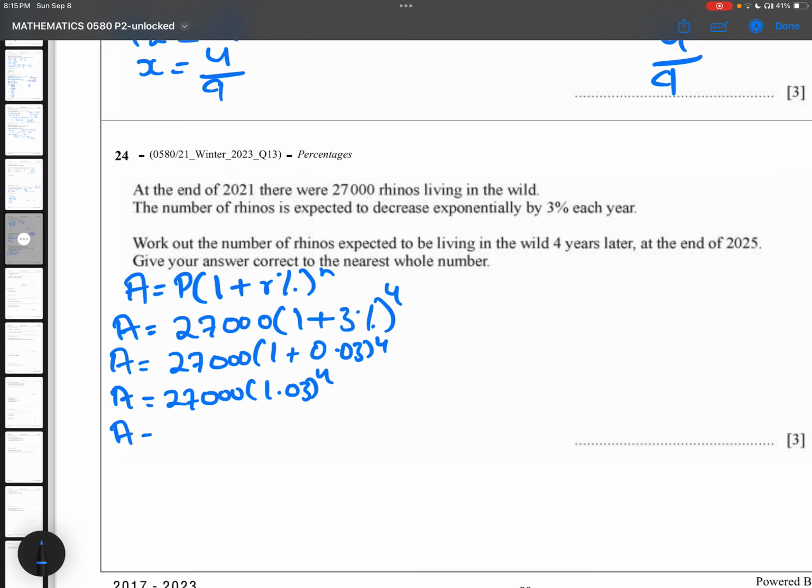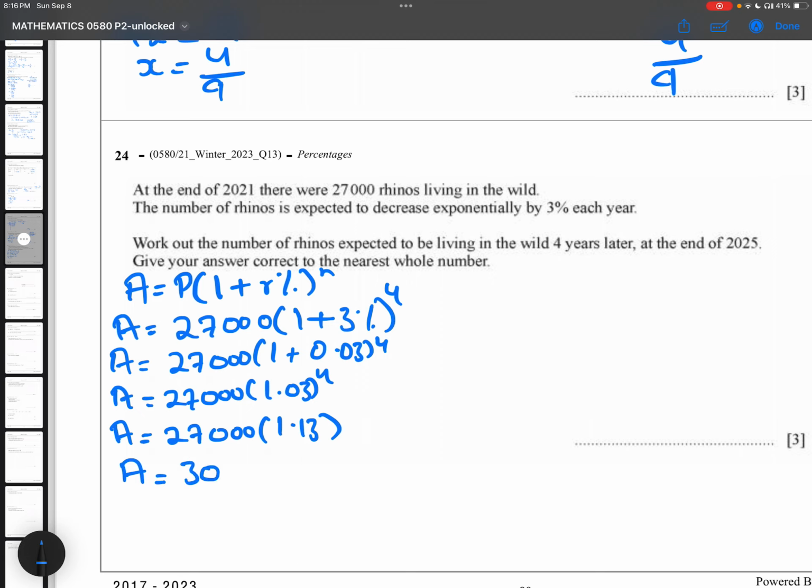A is equal to 27,000 multiplied by 1.13. Now if I multiply these two numbers, I will get 30,388.7.